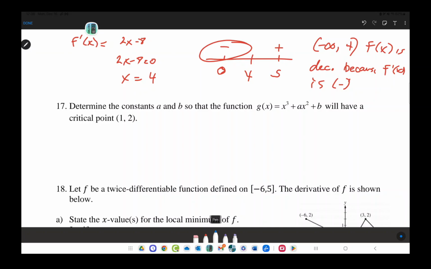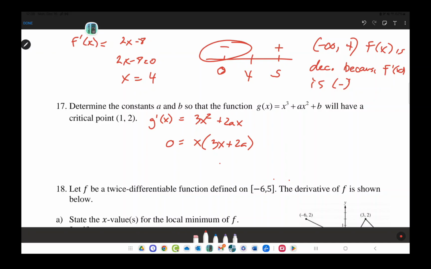Determine the constants a and b so the function will have a critical point at 1, 2. All right. Well, let's do the derivative. g prime of x is equal to 3x squared plus 2ax. We can factor out an x, so 0 is equal to x times 3x plus 2a.